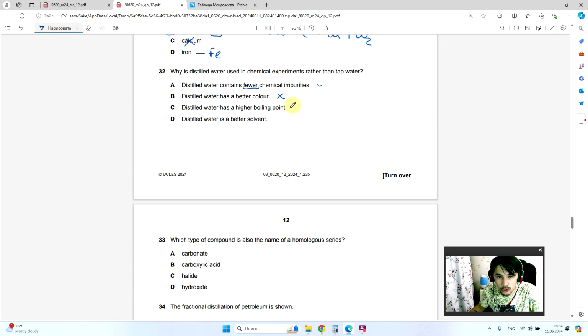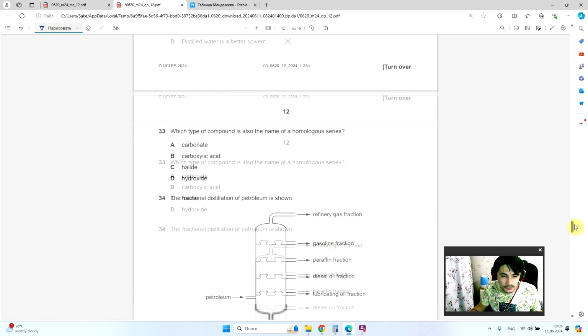I hope no. Impurities present in tap water may slightly increase the boiling point of water, but it doesn't change significantly, so definitely no. Distilled water is a better solvent? Well, solubility is not a thing to discuss because solubility may not change significantly again.